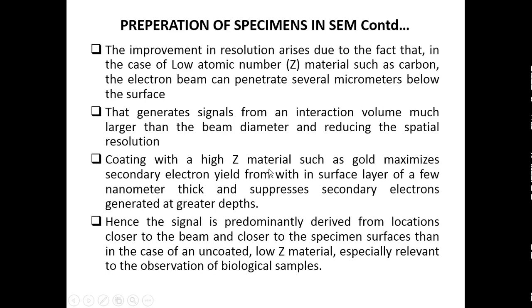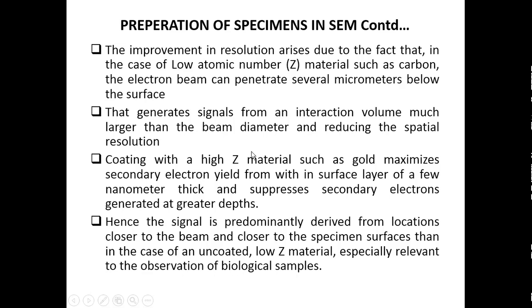Coating with a high Z, meaning high atomic number, material such as gold maximizes the secondary electron yield from within a surface layer a few nanometers thick and suppresses secondary electrons generated at greater depth.